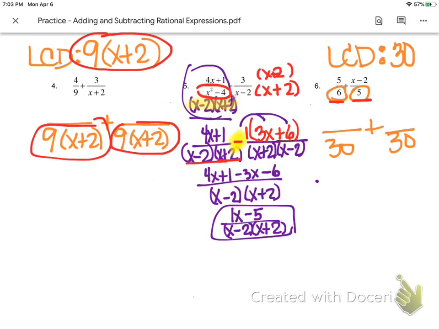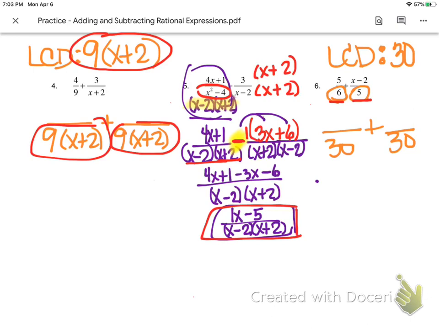So I have to have that factor on top and bottom. If we use the distributive property here to do 3 times x and 3 times 2, that's where I got 3x plus 6. The key here is this is subtraction. So when I rewrite it, I have 4x plus 1 minus 3x minus 6 on top, which simplifies to, this is our answer.